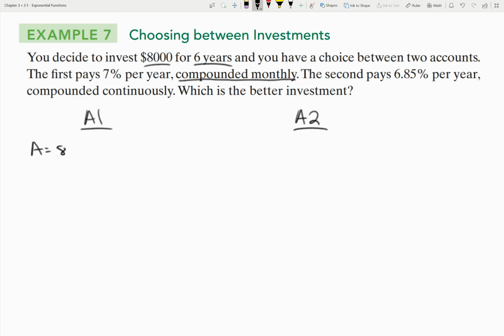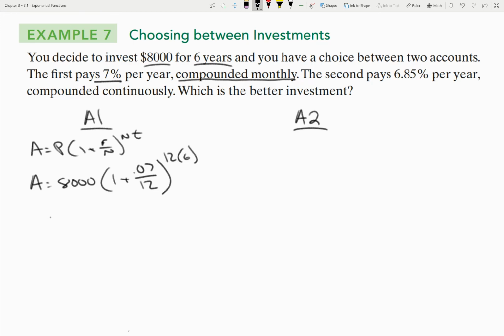Let's just write it down first. This is P times 1 plus r over n, to the nt power. My principal is $8,000. That's 1 plus my interest rate, always as a decimal. 7 percent changes to 0.07, over 12 because it's monthly compoundings, to the 12 times 6 power.